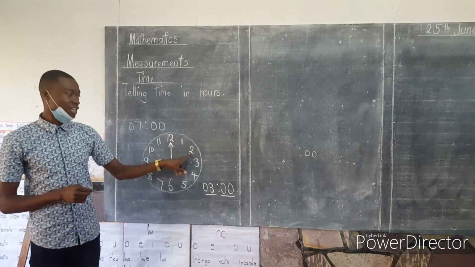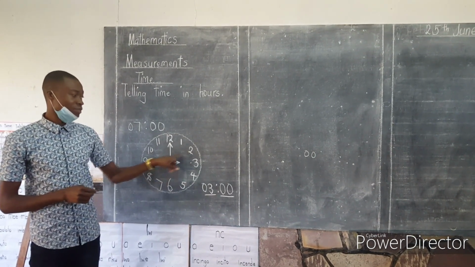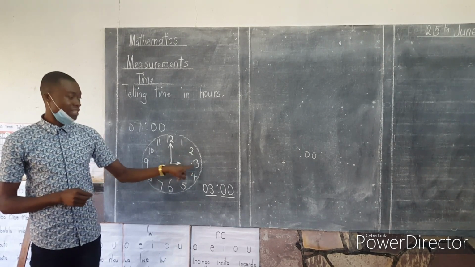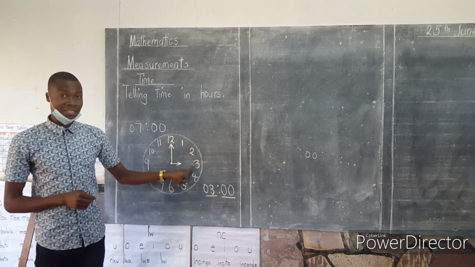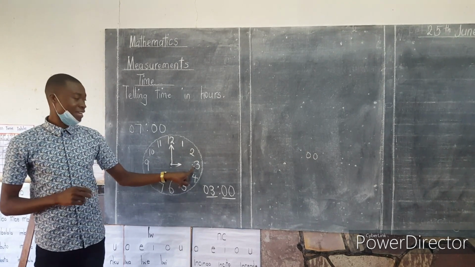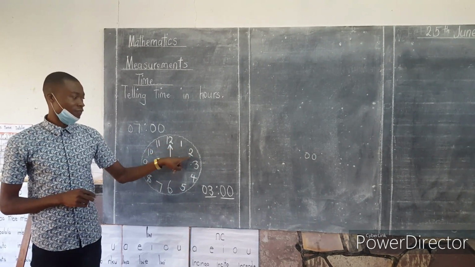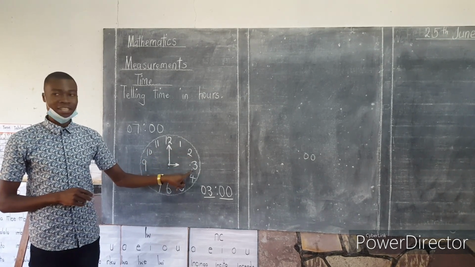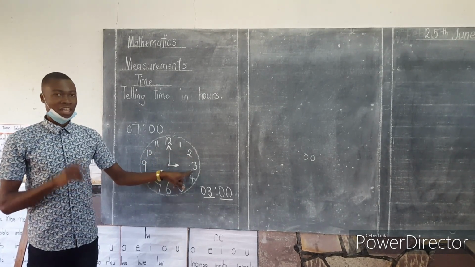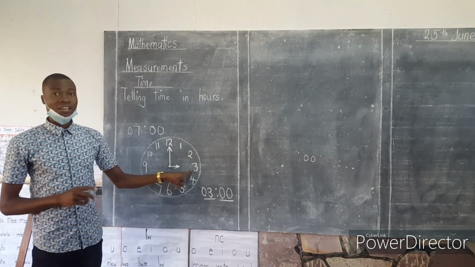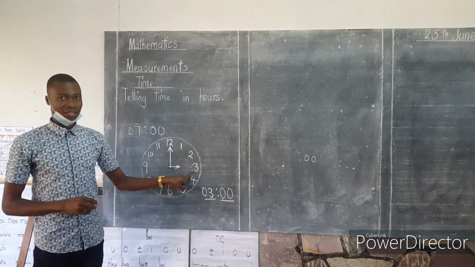If the short hand is pointing at 2, it's 14. If the short hand is pointing at 3, I would love you to tell me the time. We started from 12, 13, 14. So what hour is it in the afternoon? You find that in the afternoon, this is 15 hours.